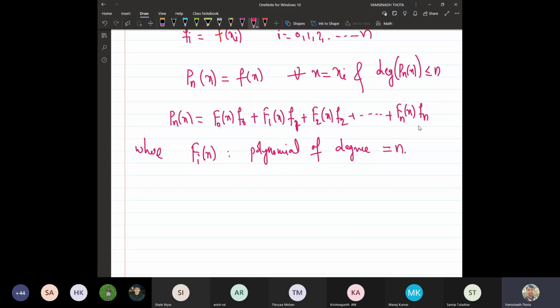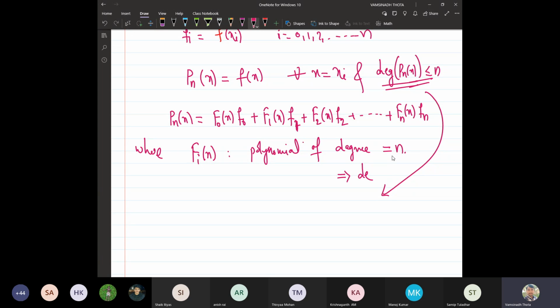Now, what about the linear combination? This is a linear combination of polynomials of degree n, and because of this, the degree condition is satisfied. So this condition is considered already.